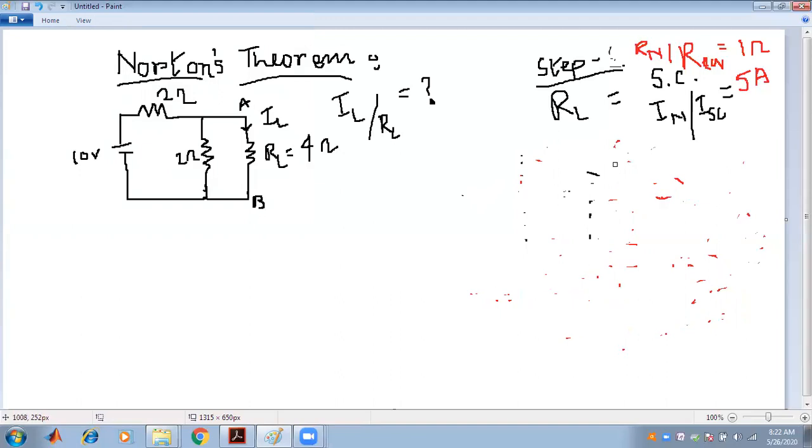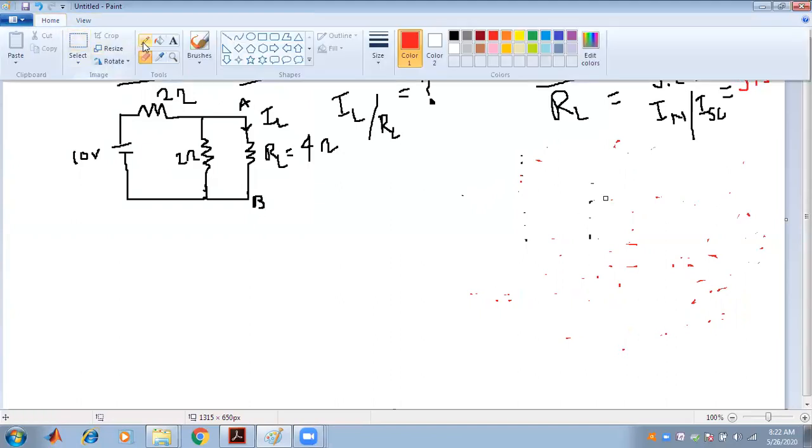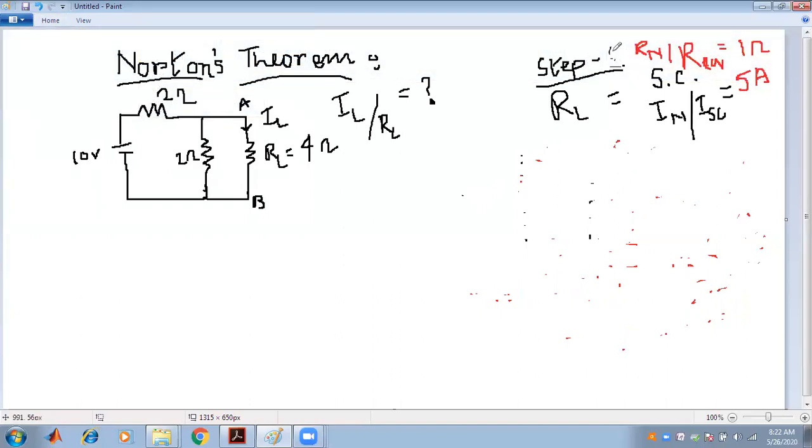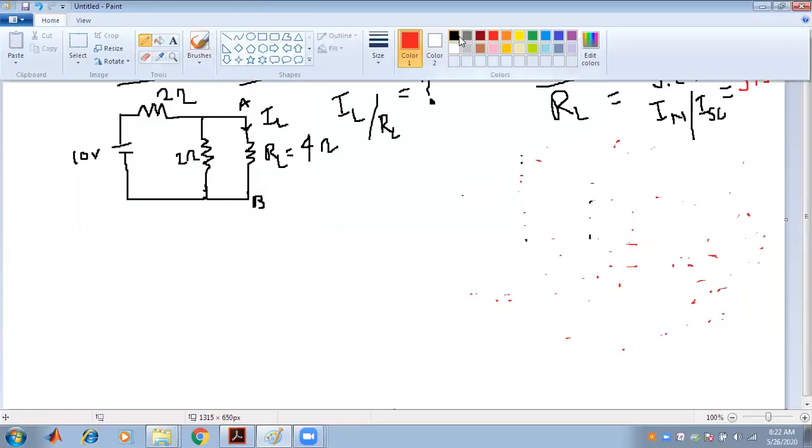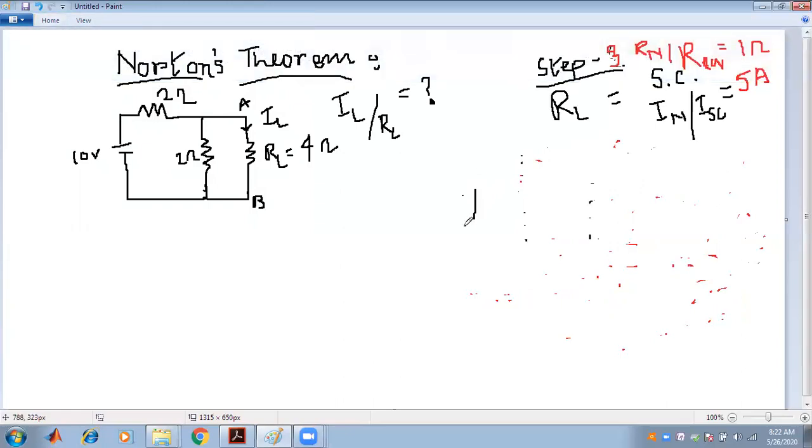That means our step 3 suggests that we have to connect the IN and the R equivalent, or RN, in parallel.